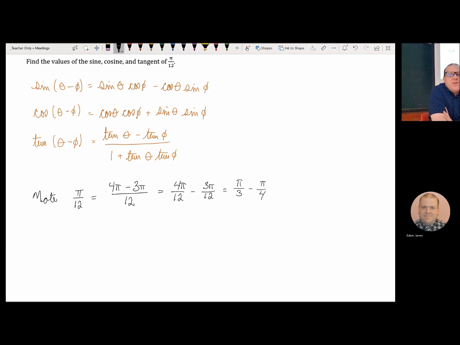So pi over 12 can be written as pi over 3 minus pi over 4. And by the way, you may want to keep these identities handy on a separate sheet, a list of all your identities, just so you're not flipping through pages.